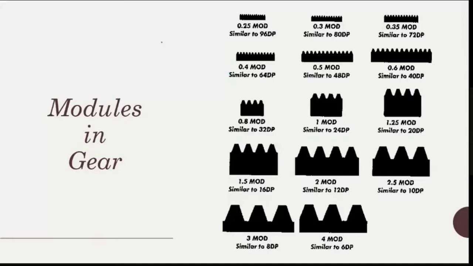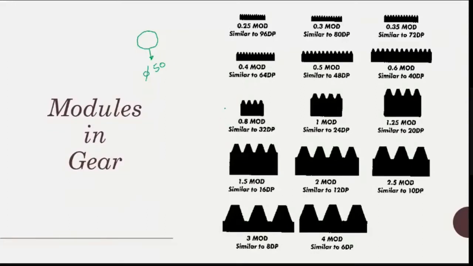So if I have a circle of diameter 50, it can have any module. It may have 0.25 or 0.3 or 0.35. Based on this, you will have a number of teeth. So your pitch circle is the same, but based on the module, your number of teeth will differ.